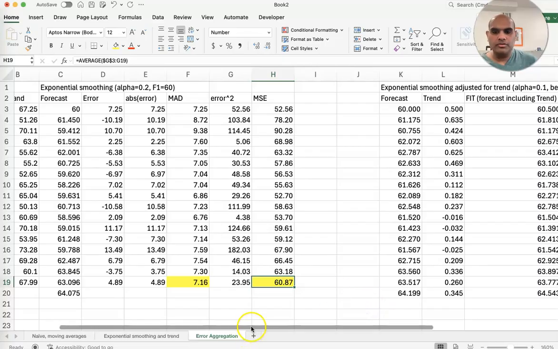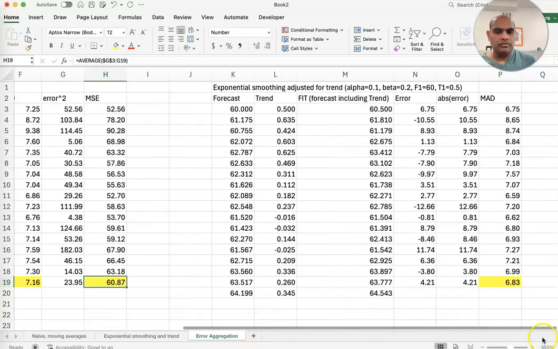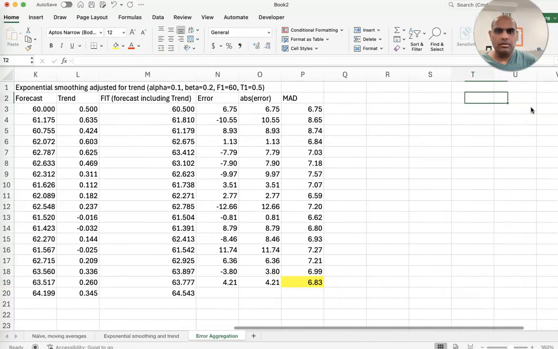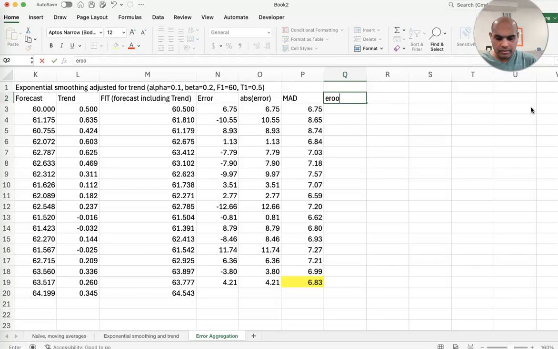So similarly, I can do mean squared error for the second method right here. Right? I can do error squared and the MSE, if I can spell things correctly. All right, so this will be the error squared.